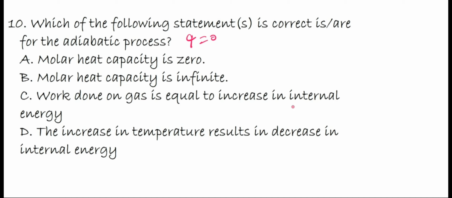So molar heat capacity becomes 0. What is molar heat capacity? It is equal to Q by n delta T, right? So if Q becomes 0, what will happen to molar heat capacity? That will also become 0, correct? Then, molar heat capacity is infinite. That's not infinite, that is 0. So this is not a correct statement.